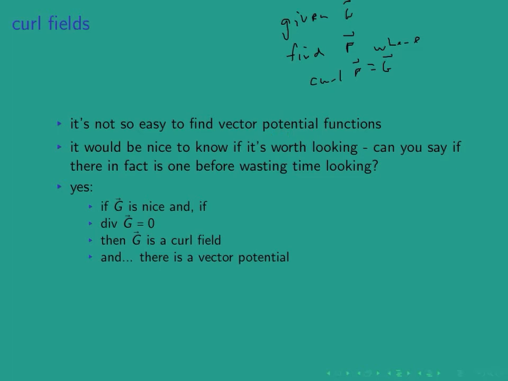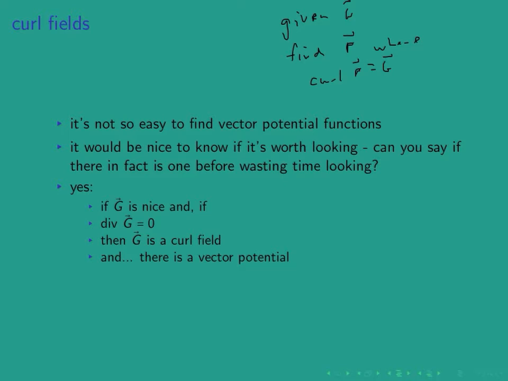And so in many cases, it would be nice to know beforehand if it's even worth looking. That is, is there one? There's not always going to be a vector field F that satisfies this condition. And so is there a way to know? And the answer is yes.